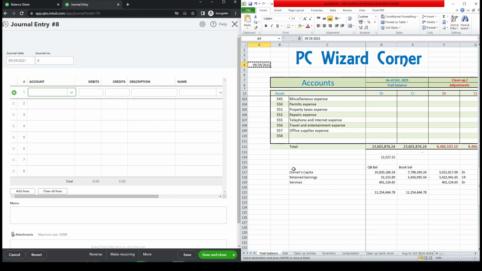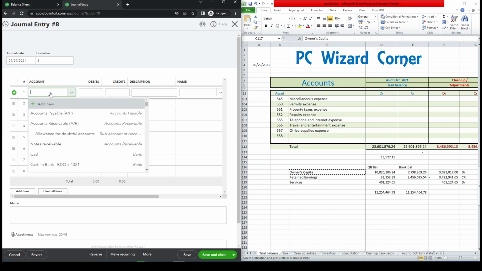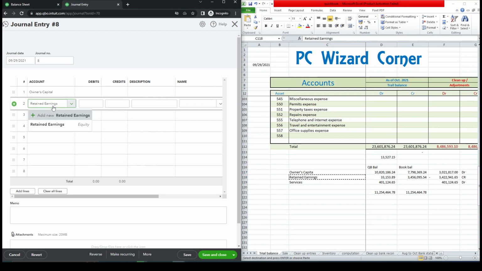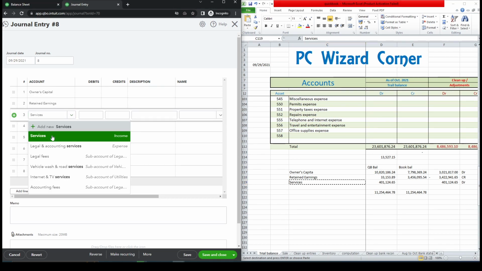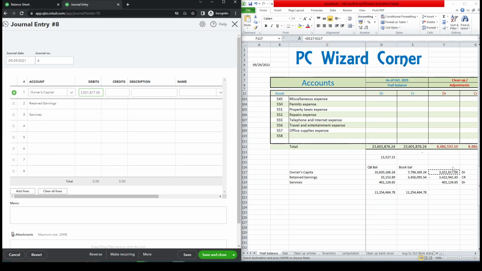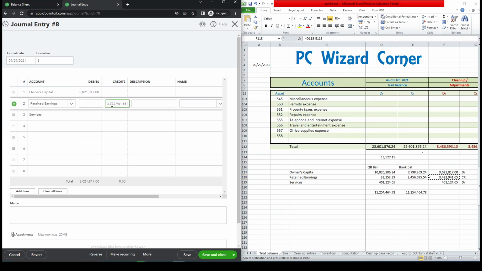Then here is the capital account, owner's capital, then retained earnings, and services. And the amounts, this one debit, and this one credit. Let's remove the negative sign.